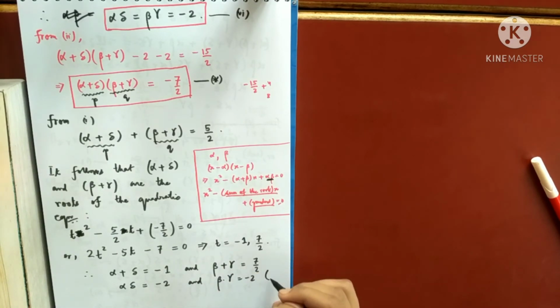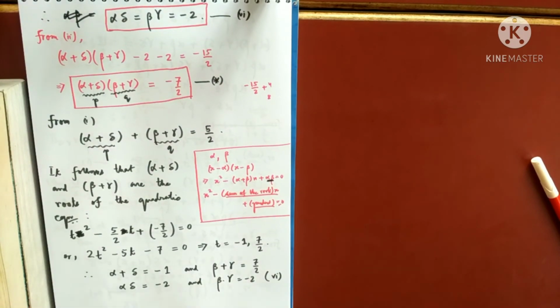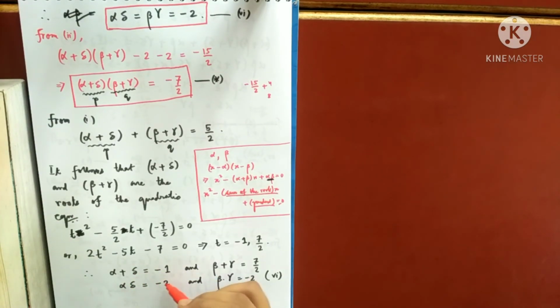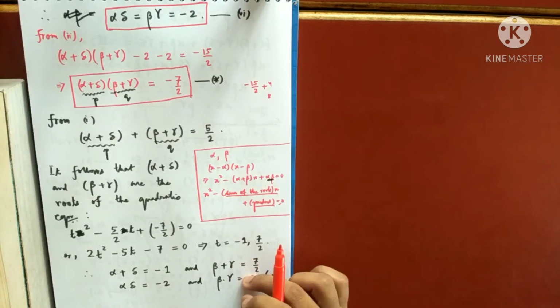From 6, you may write it down. Now let's apply the same concept. The sum of the roots is minus 1 and the product of the roots is minus 2. So alpha and delta will be roots of some quadratic which I can make, and same here.